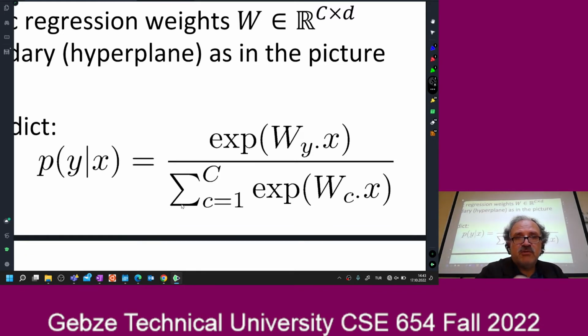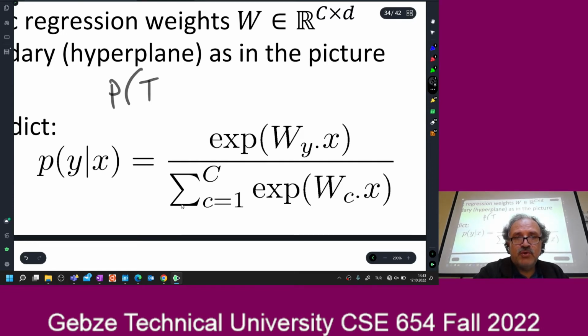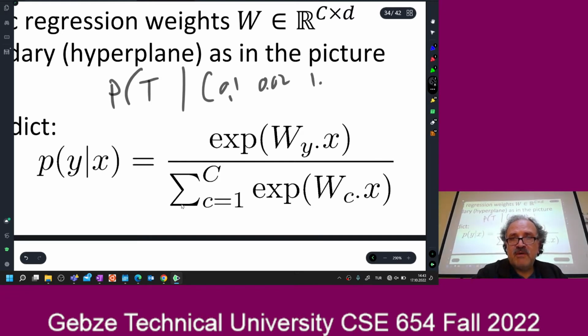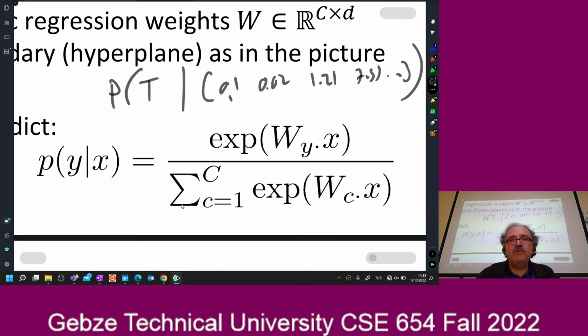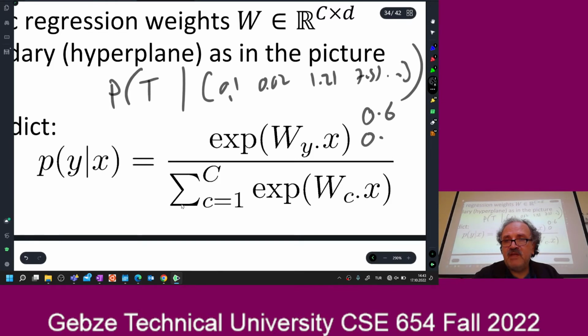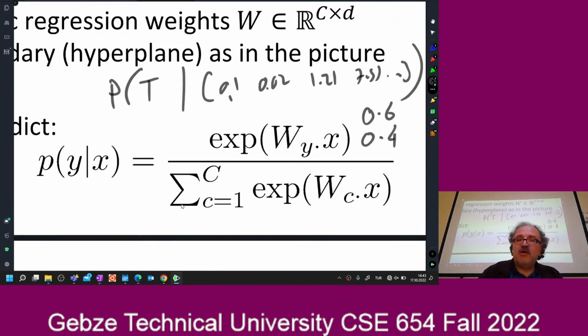So it's going to be like this: probability of true given my vector 0.1, 0.02, 1.21, 7.5, etc. What is my probability of true? It's going to say, for example, 0.6. If the probability of true is 0.6, then 0.4 will be false. But how am I going to calculate this 0.6 and 0.4?